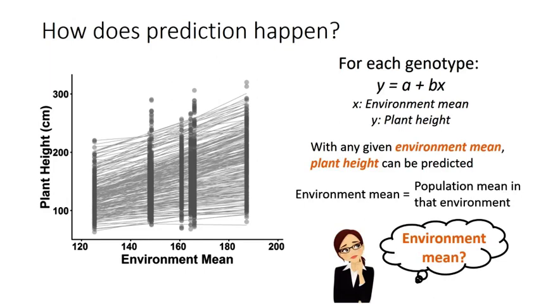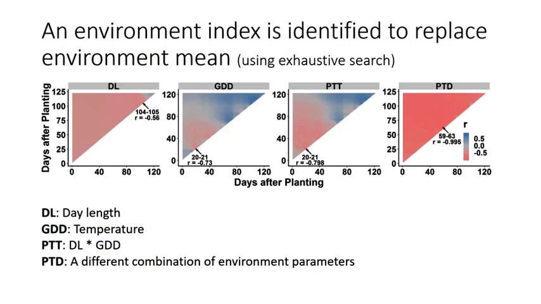Our lab proposed an environment index to replace the environmental mean. This environment index is purely from environmental parameters collected from weather stations, such as day length or temperature. I use JDD here to represent temperature.